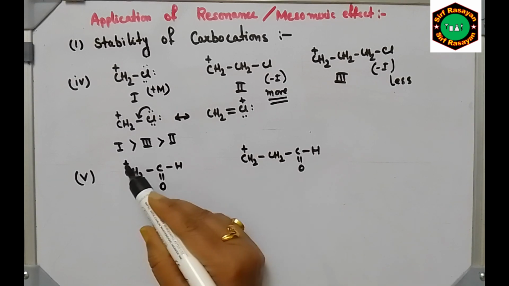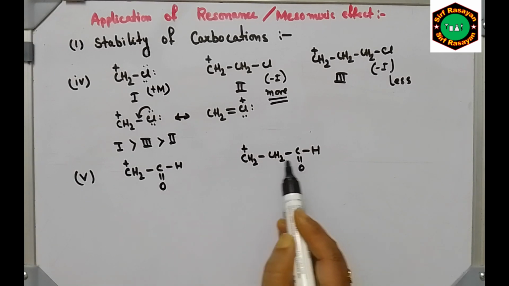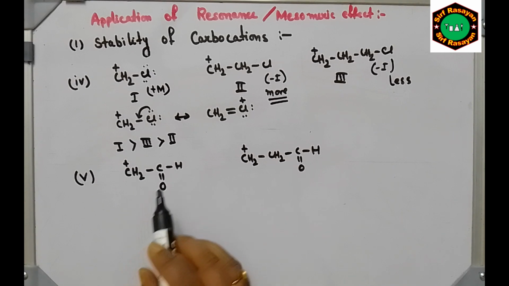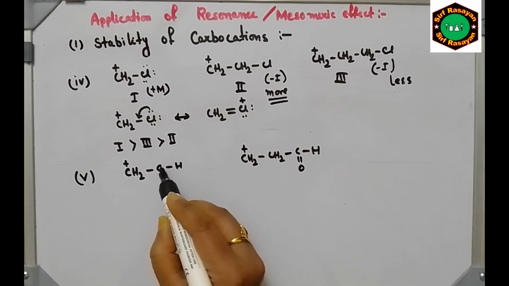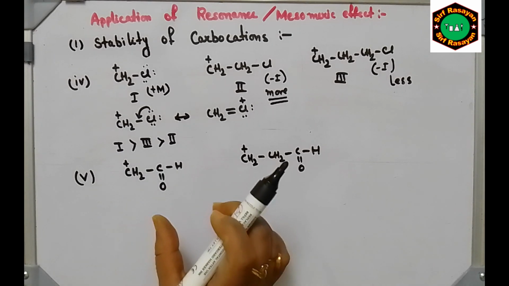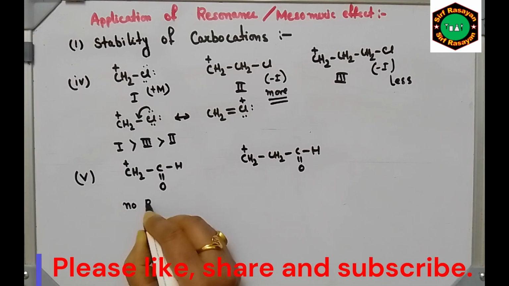Double bond, single bond, positive charge all are in conjugation, but here these are not in conjugation. Still here resonance is not possible because if you break this bond, this carbon will become plus and at the adjacent position two positive charges are not stable, so we are not considering resonance. So here no resonance.